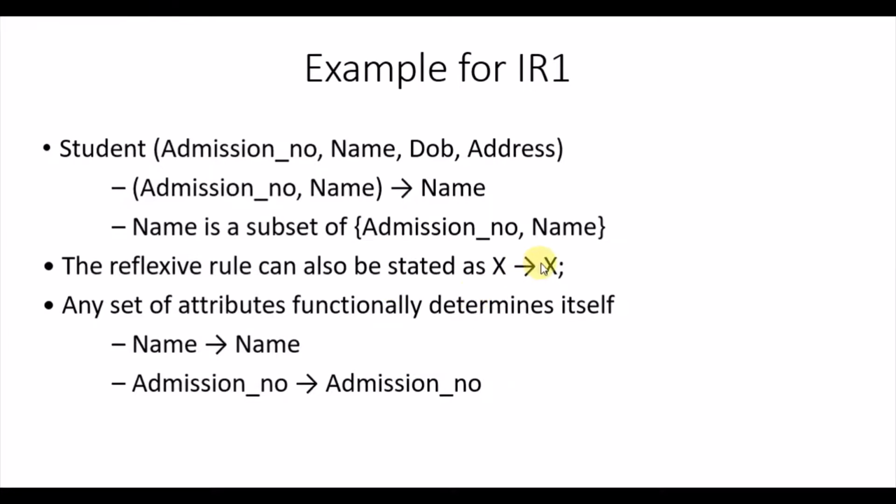And we have the second inference rule, also known as the augmentation rule. Augmentation means we are adding something to the existing rule.